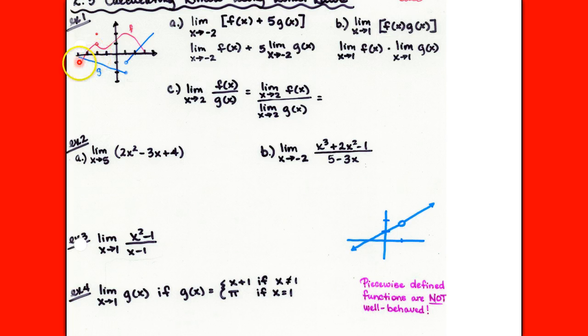So as I approach negative 2 from the left-hand side and as I approach negative 2 from the right-hand side, both pieces of that graph are converging on one value. And the one y value they're converging on is 1. So I'm able to find the limit as x approaches negative 2 and find that it's 1.